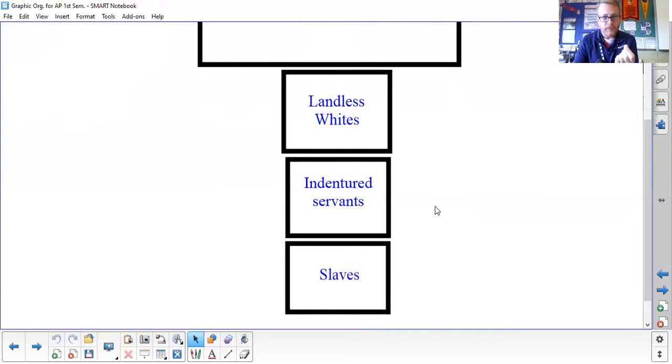But if you artificially put someone and say, not based on meritocracy, based on racism, we're going to put you at the bottom, that almost gives an elevated status to the indentured servants and landless whites to say, well, at least I'm not below, at least I'm not down here. When in reality, if you didn't have this artificial system, you wouldn't be above anybody because for whatever reason, you aren't successful at all. But again, this artificial system of slavery gives you this sort of confidence.